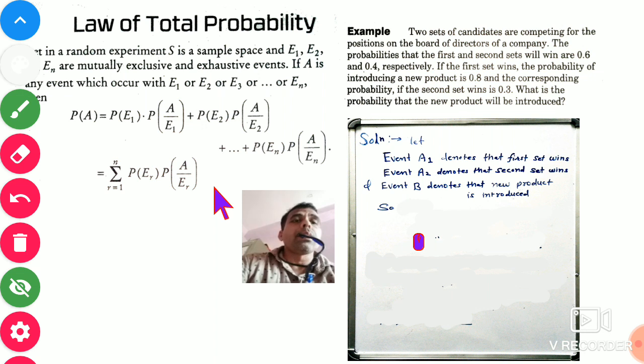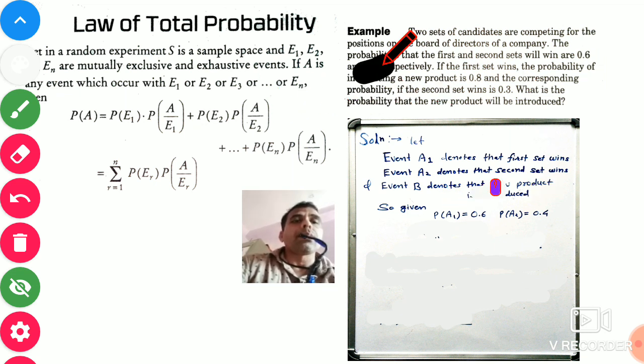That is what we have to find. Given: the probability of A1 is 0.6, the probability that the first set wins, and the probability of A2, that the second set wins, is 0.4. Both are given in the question.